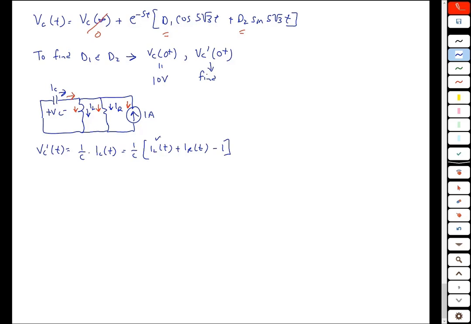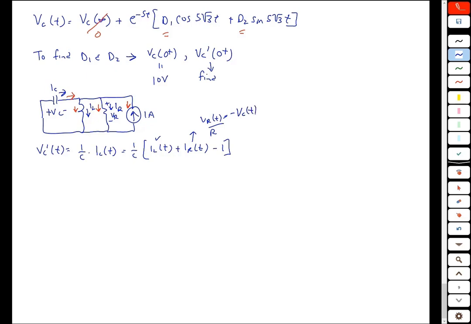How about IR? IR is what? The current through the resistor is its voltage, VR of t, divided by its resistance, where VR is defined as that voltage there. But VR, in turn, is minus VC of t.